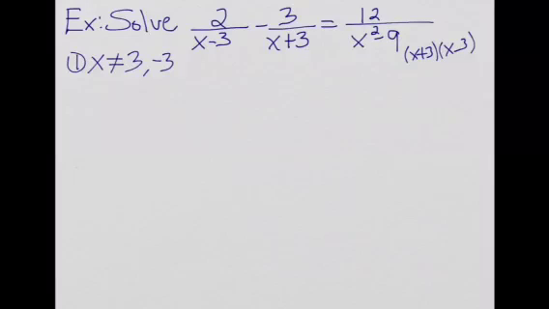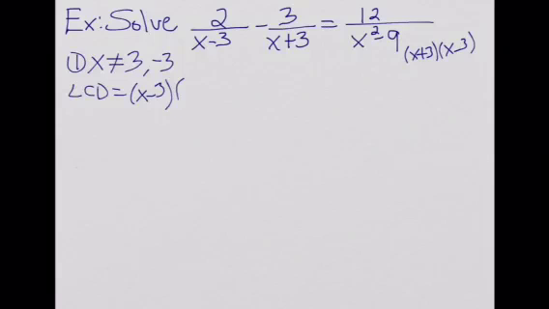Okay, and so now let's try to solve this. We need to find the LCD. If we remember back to adding and subtracting rational expressions, we know that the LCD is just x plus 3 times x minus 3. And so now we're just going to multiply that to all three terms.